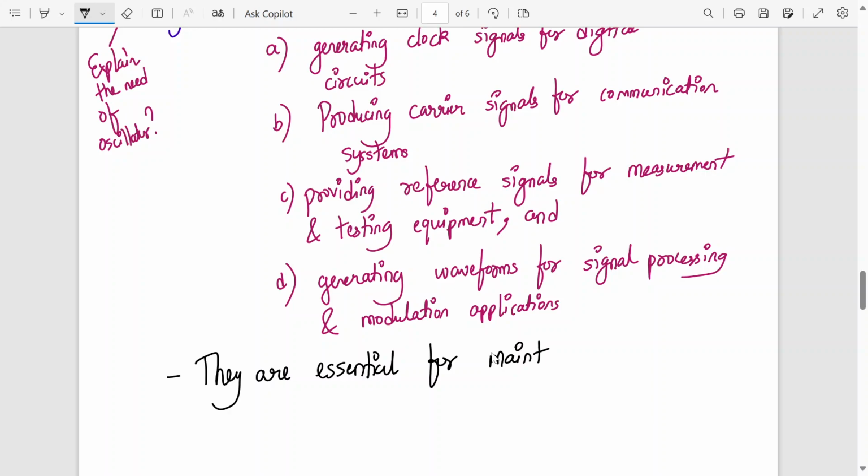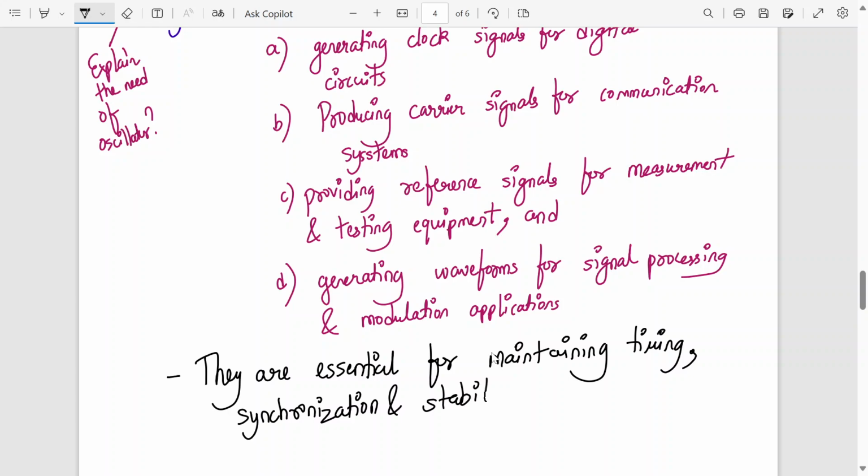They means oscillators are essential for maintaining timing, synchronization and stability in electronic devices or electronic circuits and systems.